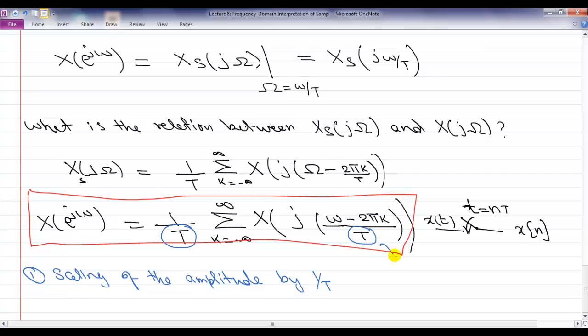This is scaling of the frequency axis, scaling by capital T. And then each of those copies is shifted by a factor of 2 pi. That's the shift. Shifted by multiples of 2 pi.